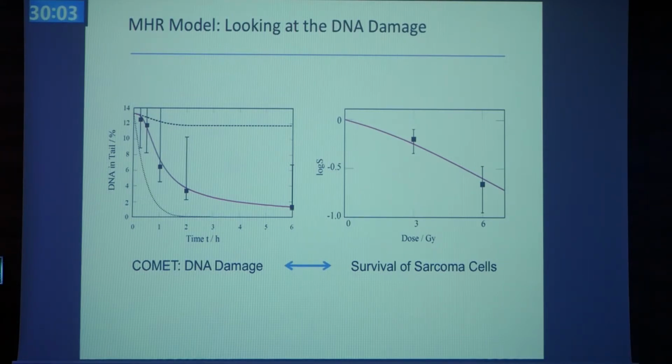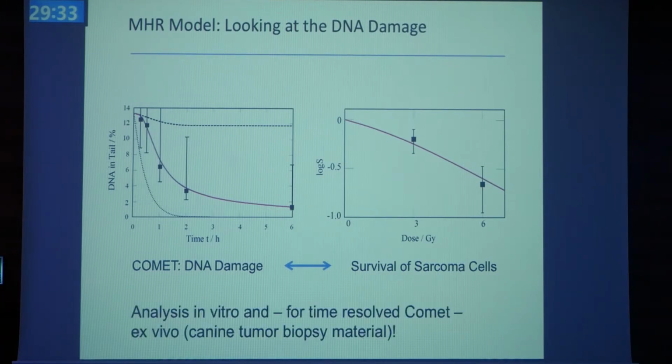So we get an impression of how fast and how efficiently the cell repairs the DNA damage. We have taken some comets from a sarcoma, and we fitted the median values of the comet by the MHR model. Interestingly, when we do that, we can find a parameter set which is able to predict the survival. And this is very interesting.